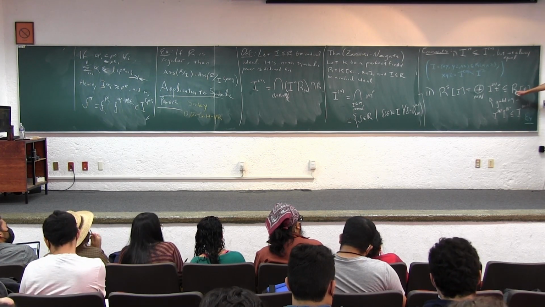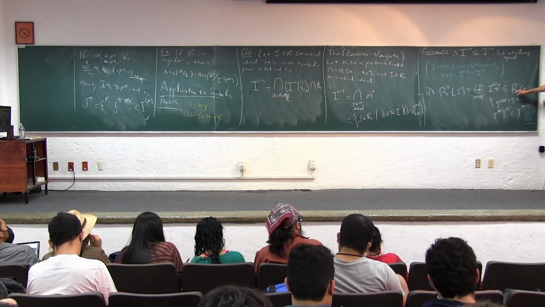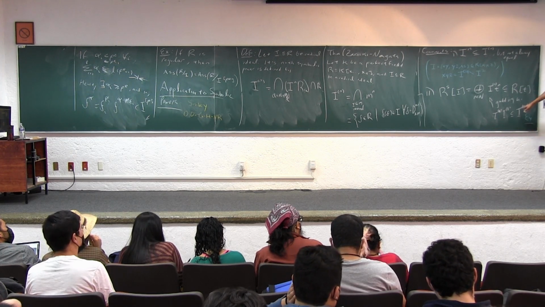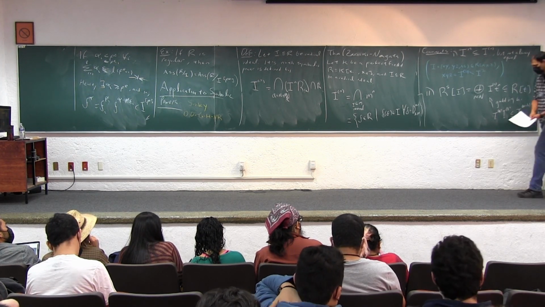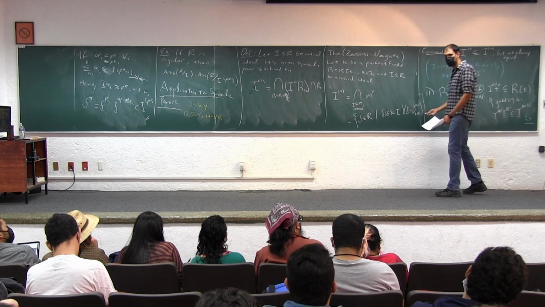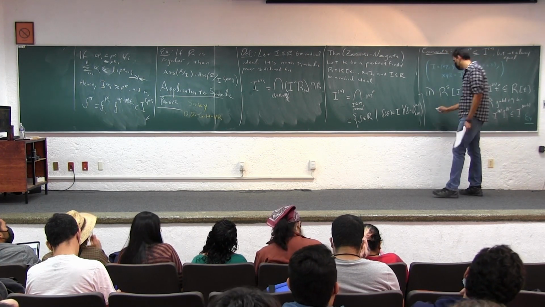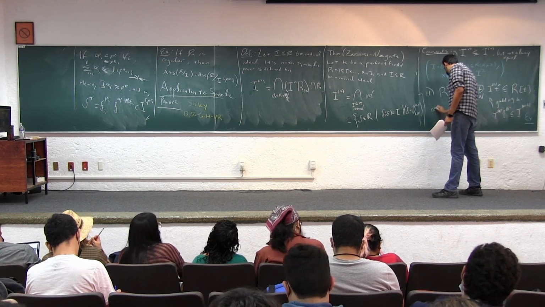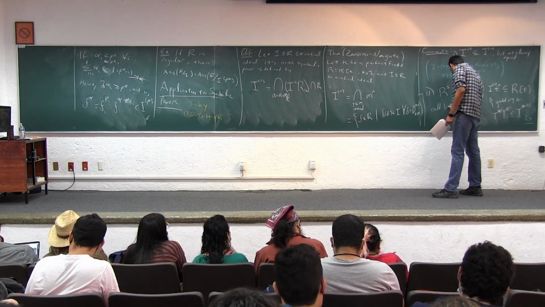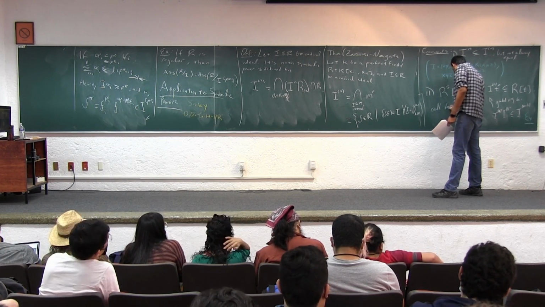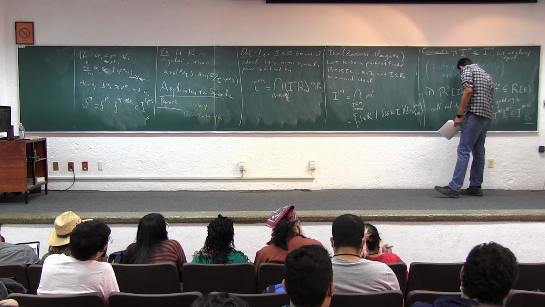Unlike the ordinary Rees algebra, this symbolic Rees algebra may be non-Noetherian. It could fail to be Noetherian.